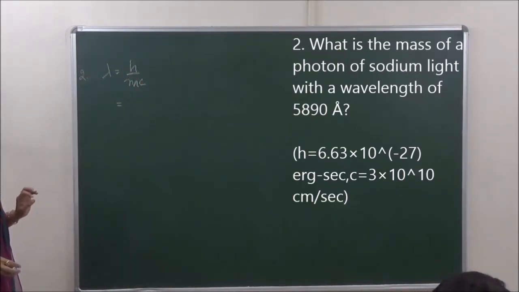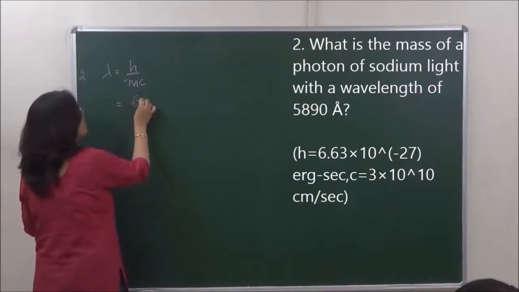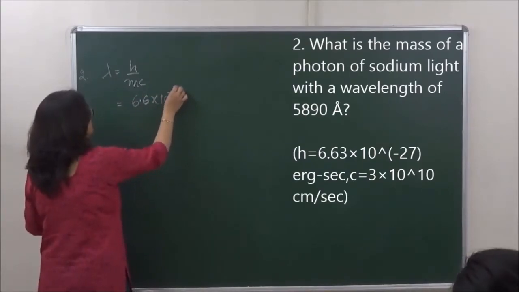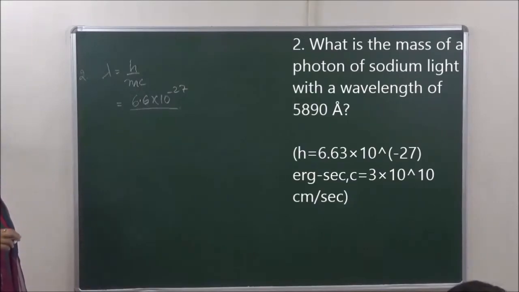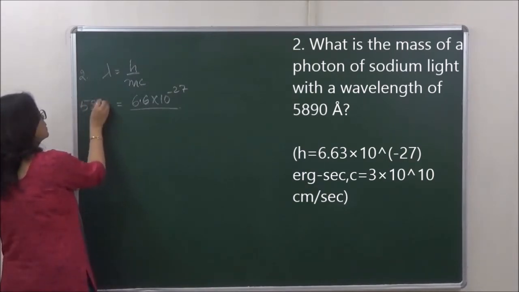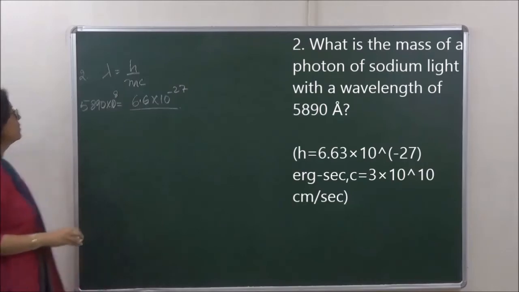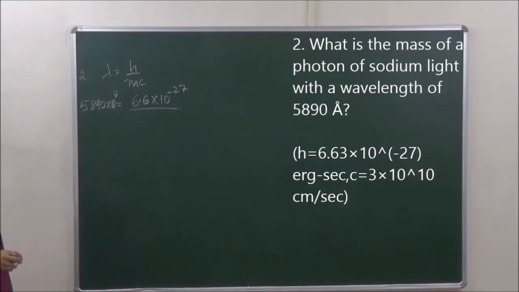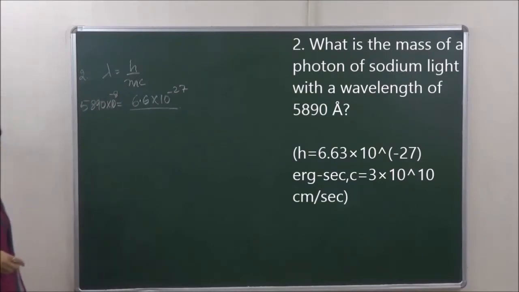Now h given to us is 6.6 into 10 raised to power minus 27, and the wavelength is given to us as 5890 Angstrom, so in centimeter it will become 5890 into 10 raised to power minus 8. ठीक है?